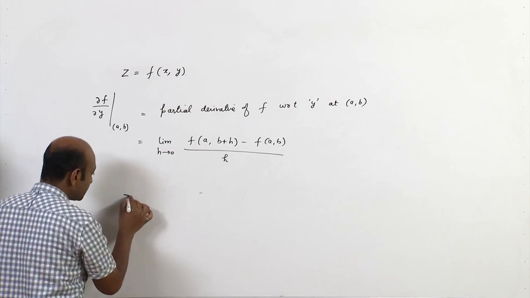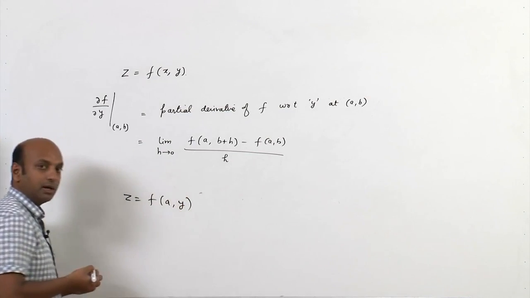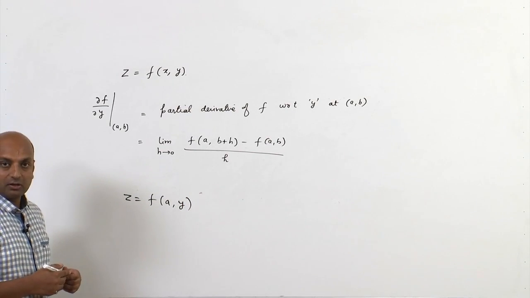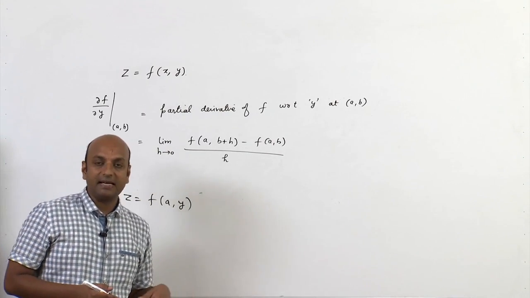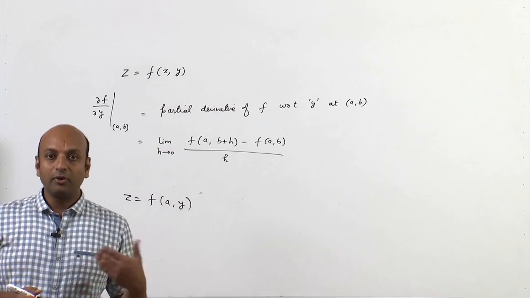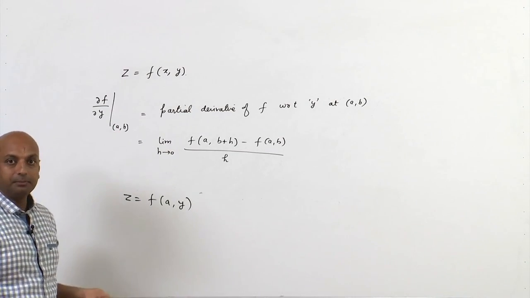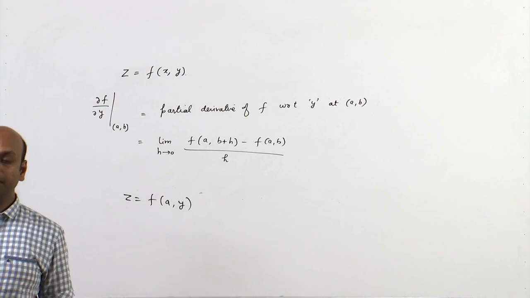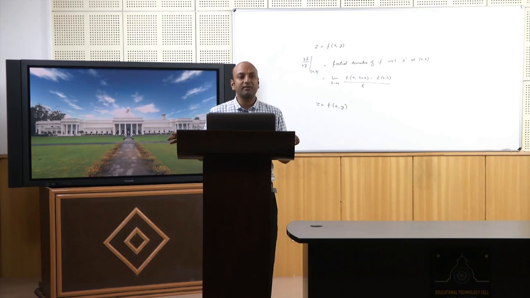It will give this curve, okay. And the slope of the tangent for this curve at a point P in the plane x equal to a will represent del f upon del y at (a, b), okay.